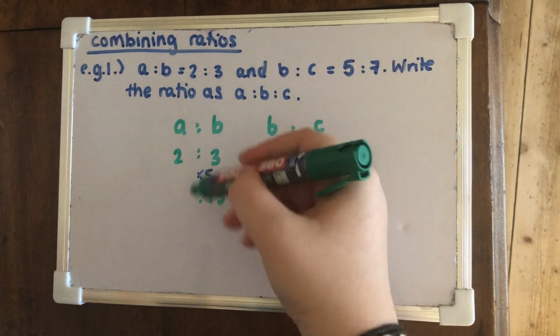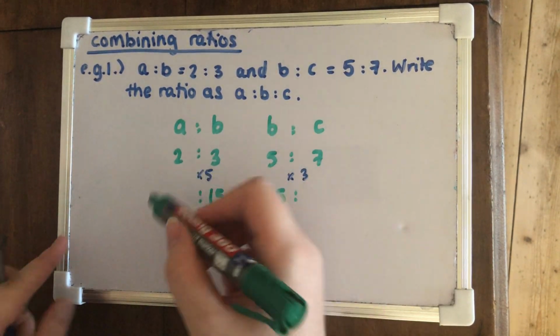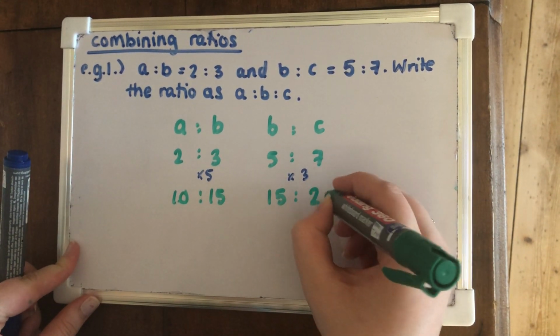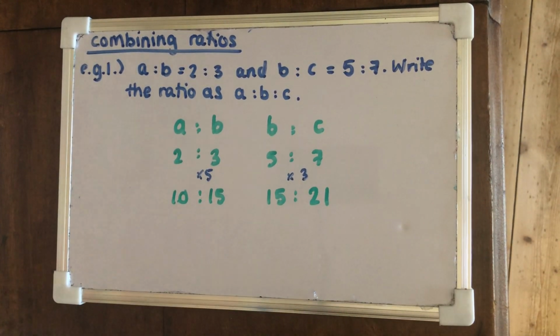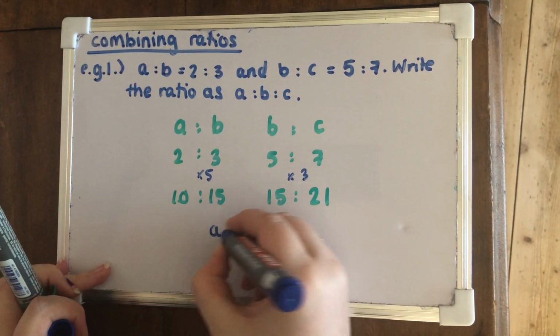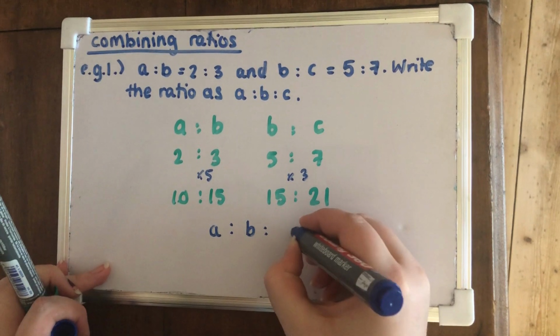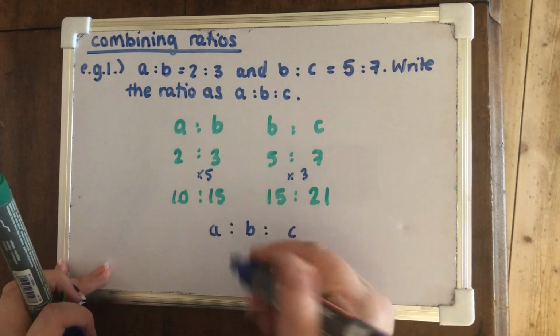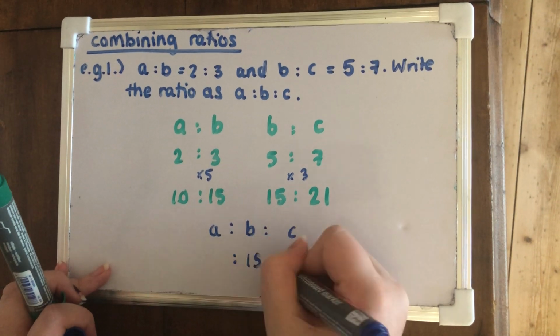And whatever you do to one side, you have to do to the other. So 2 times 5 would be 10, and 3 times 7 would be 21. We need to write it as one ratio, so A, B, C. Now the B's are both 15, so we're just going to write 15 in the middle.